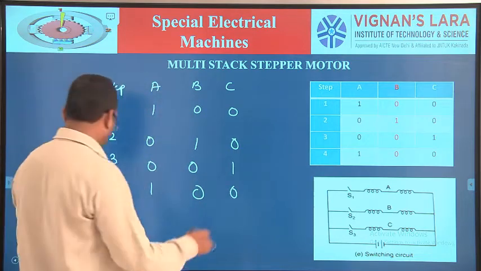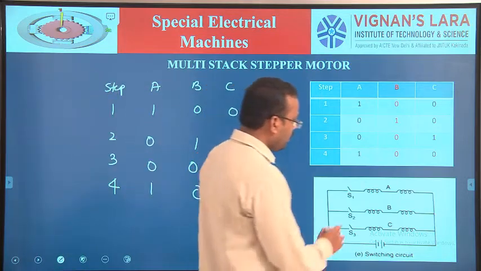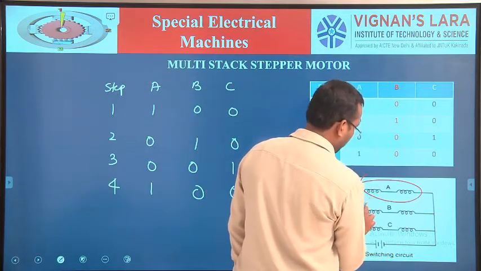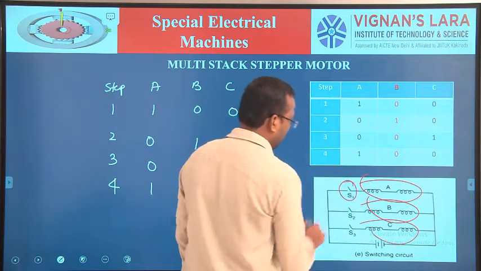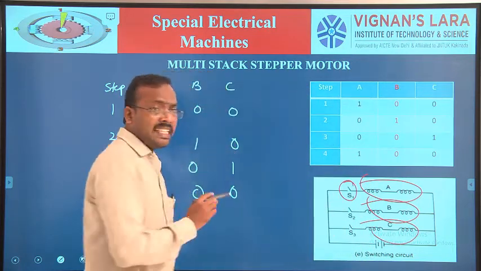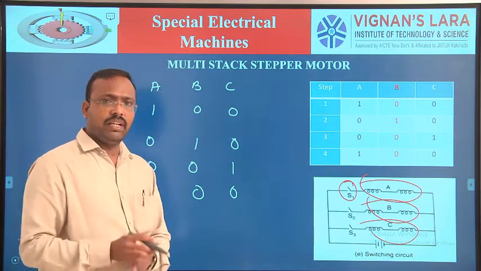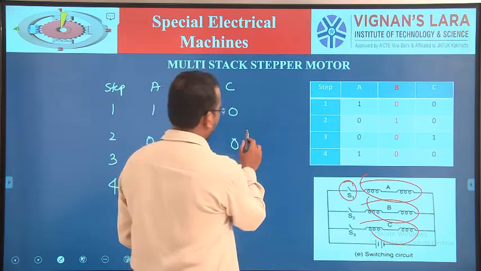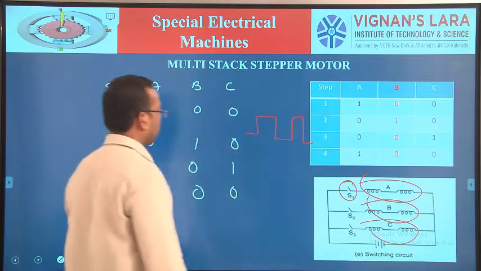Now, this is your equivalent circuit. This is phase A, phase B, phase C. Once switch S1 is on, phase A is energized, and rotor stack A moves like this, in this fashion.